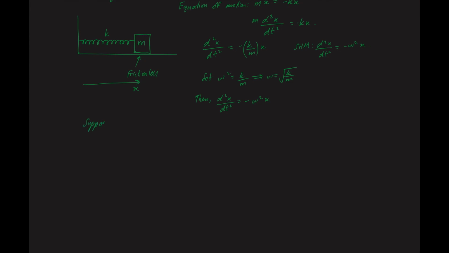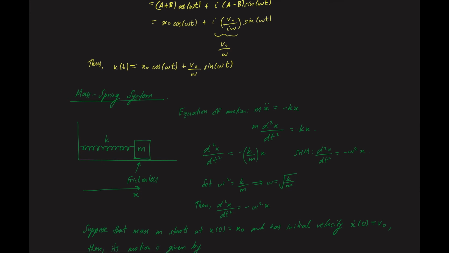If we suppose that our mass m starts at a value x naught and has initial velocity v naught, then its motion is given by this solution right here.